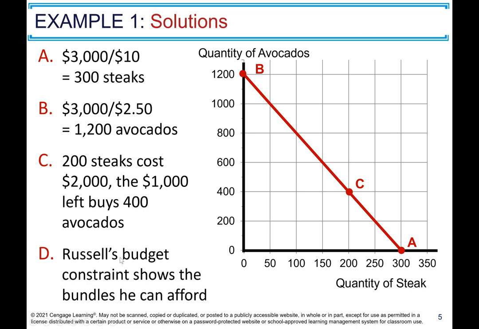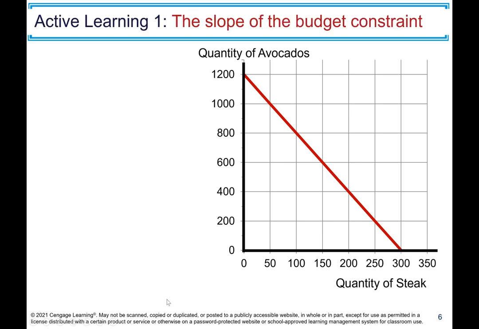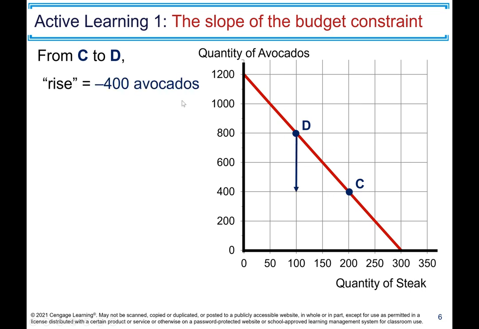Point D: Russell's budget constraint shows the bundles he can afford. The slope of the budget constraint. From C to D, there's a rise of minus 400 avocados, from 800 to 400. That is, you're losing 400 avocados. You are gaining 100 steaks, from 100 to 200.